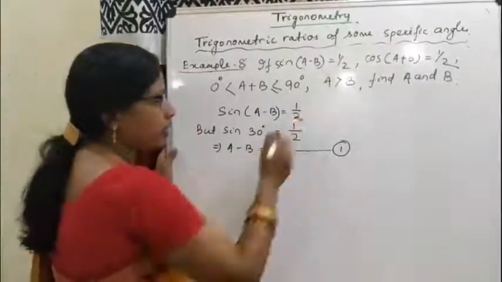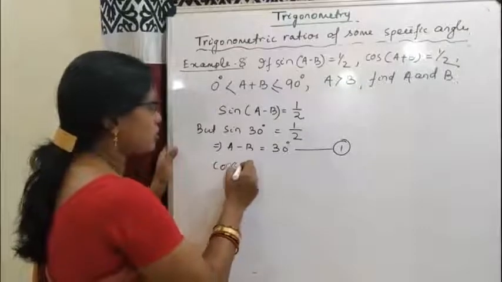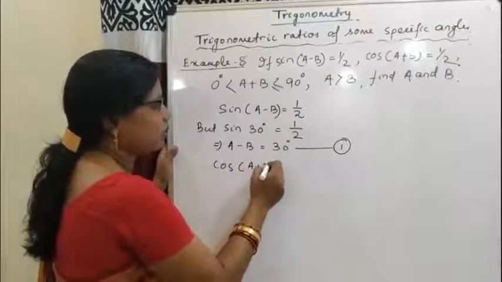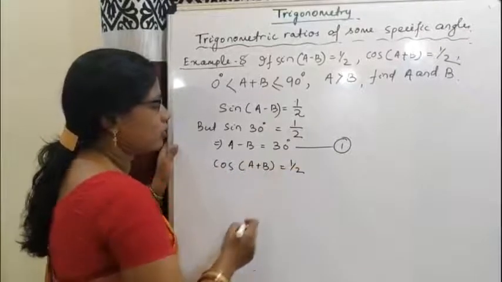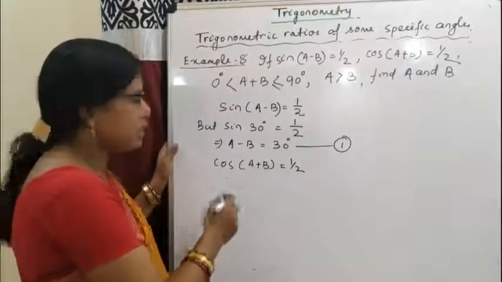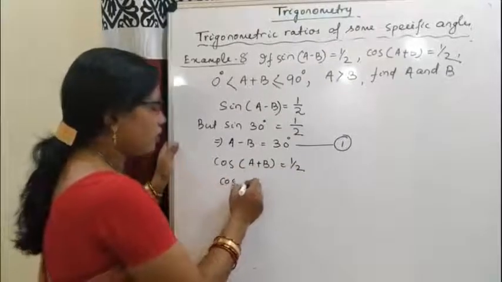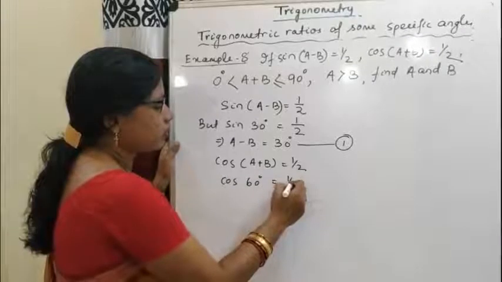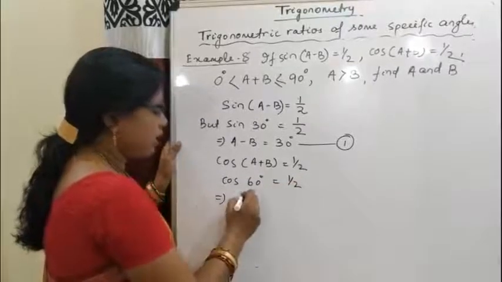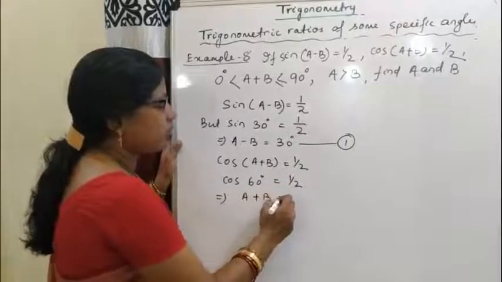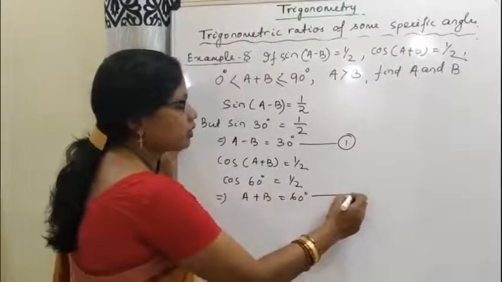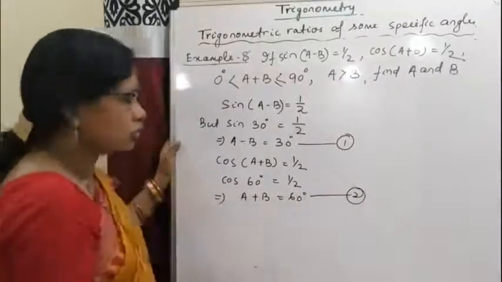The second given is cos of (A plus B) is equal to 1 by 2. We know cos 60 degree is equal to 1 by 2. So that means A plus B is equal to 60 degree. This is our equation 2.